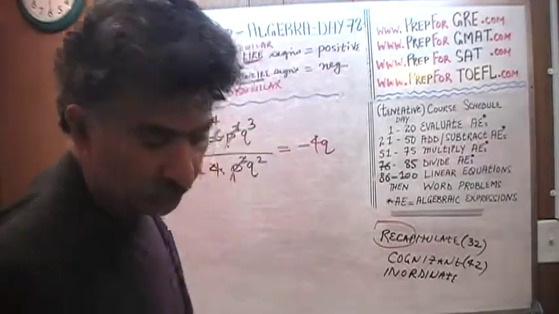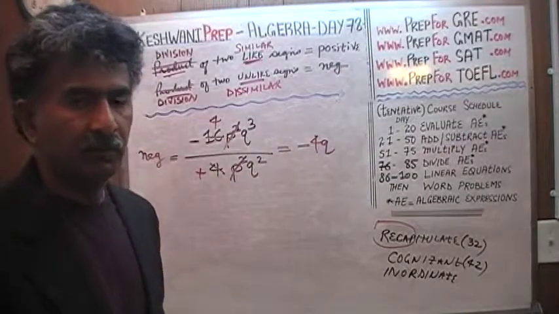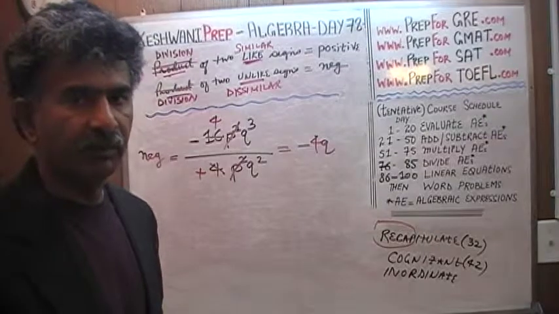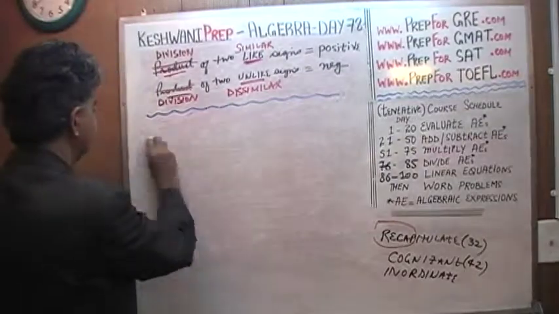The next one we're going to do is where we'll have an expression containing 3 terms, and we'll be asked to divide that expression by another expression. Let's take a look at it.